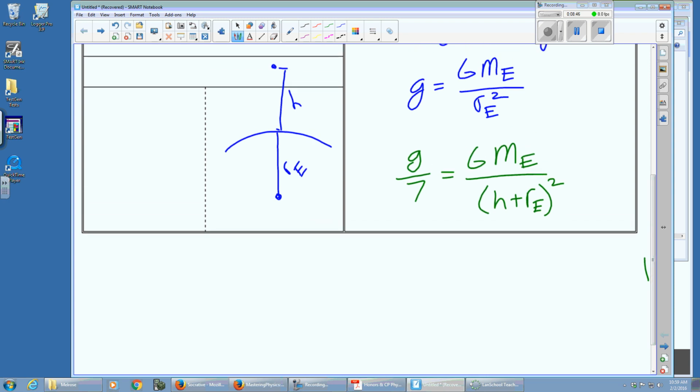So, in the green equation, I'm going to substitute in this blue stuff. I'm going to get big G, mass of the Earth, over, I'm going to keep that green 7, but have radius of the Earth squared down here, and keep this whole big side of the green equation.